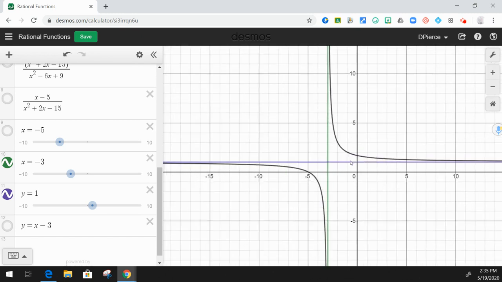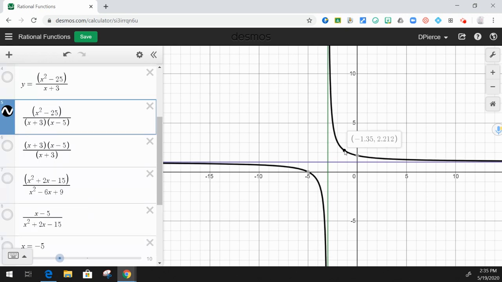It's going to be getting closer from the right side. We can look at this if I click on it and drag it. If we just focus on the x values, they are getting closer to -3.